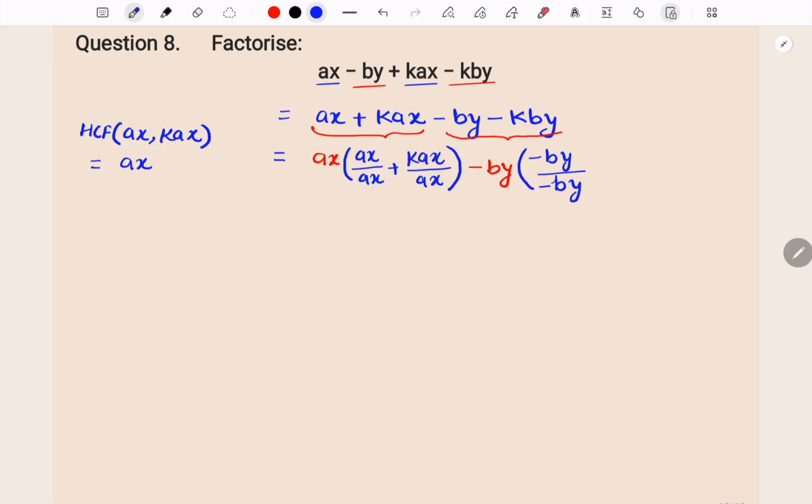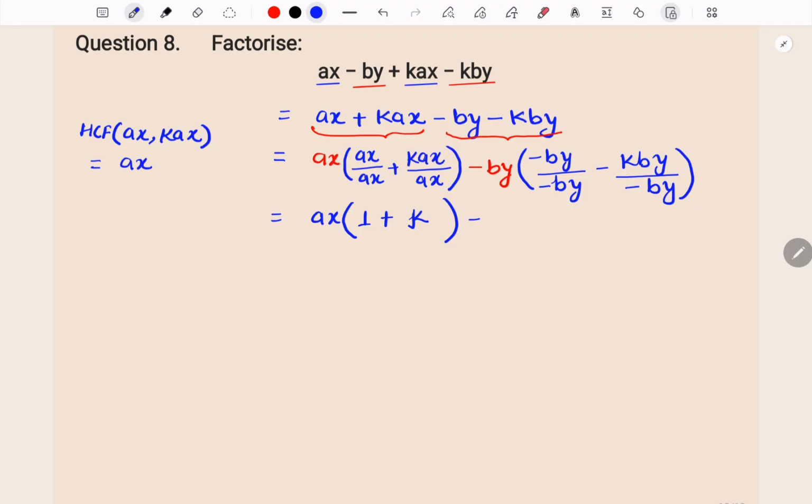Okay, so here we have negative kby, and let's divide it with negative by. Okay, so here we have ax, and inside ax over ax is 1, and here we have kax over ax, that is simply k, right?